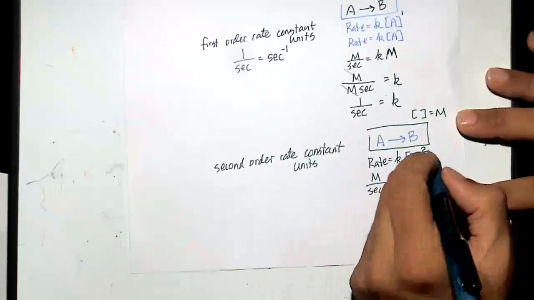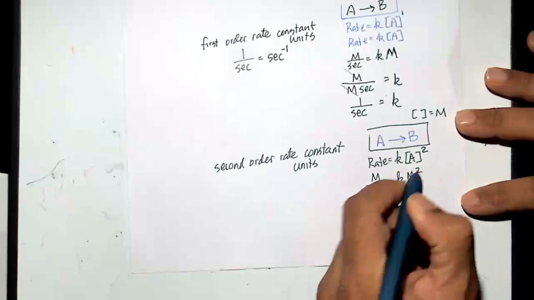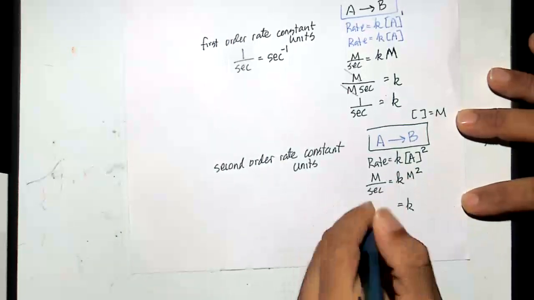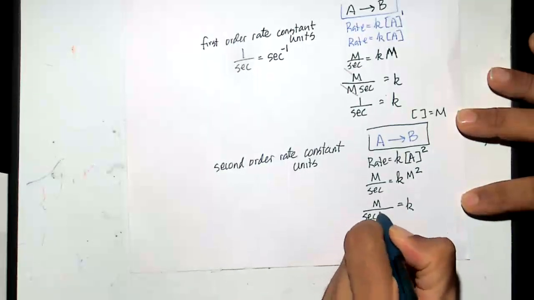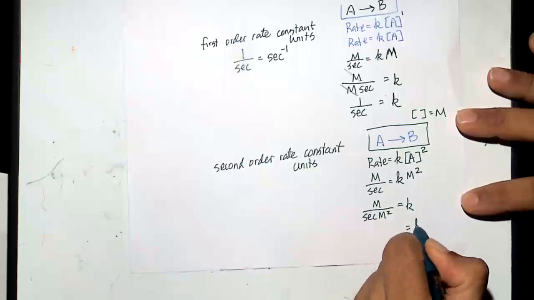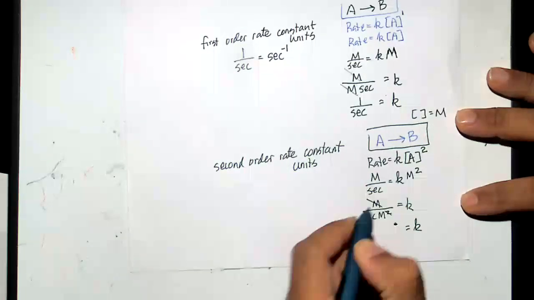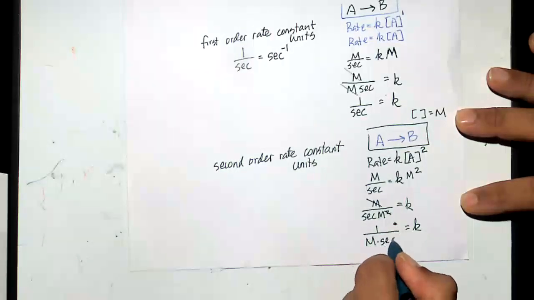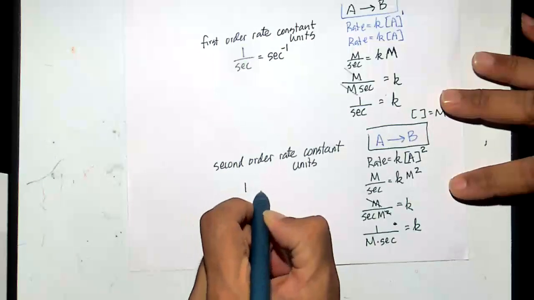That bracket means M, but it's squared because this is second order, so it's M squared. So K, let's divide by M squared. Molar over second, M squared. So K is going to equal, one of these M's will cancel out with one of these M's. It's going to equal 1 divided by molarity seconds, 1 over molar seconds.